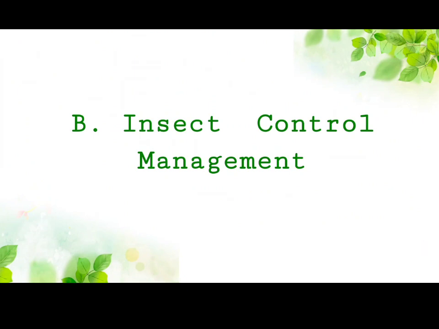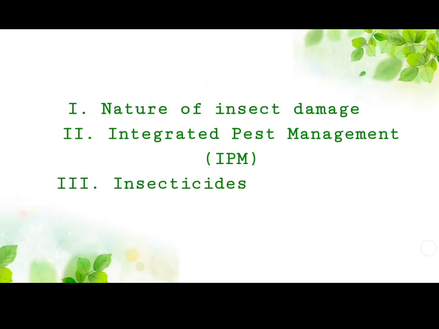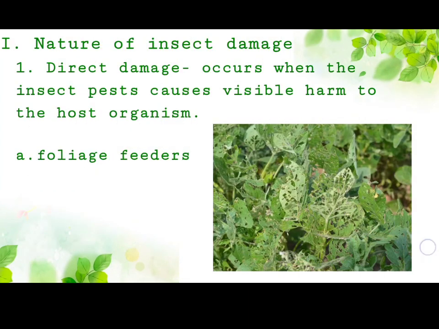Insect control management. We have nature of insect damage, integrated pest management or IPM, and insecticides. Nature of insect damage: direct damage occurs when the insect pest causes visible harm to the host organisms.